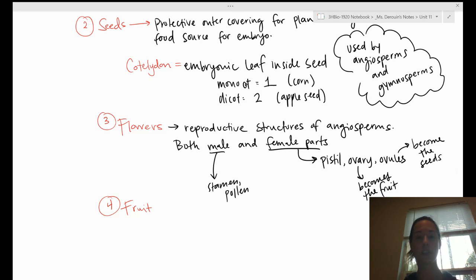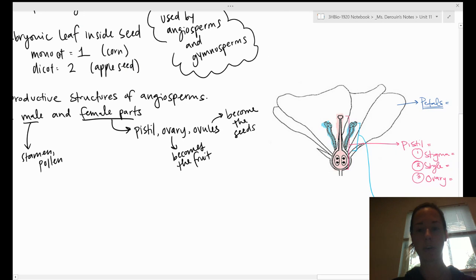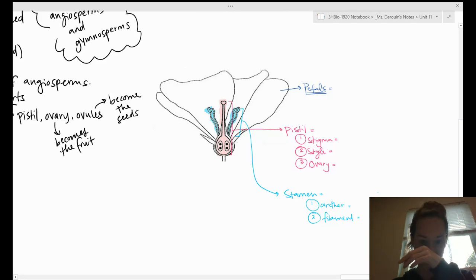So the pistil of the flower, let me just go over here to our picture. The pistil is highlighted in light pink, and the pistil will be higher than the stamen. The purpose of that is so that the stamen can't pollinate its own pistil, because you want genetic diversity, and you get that through pollination from a different plant.